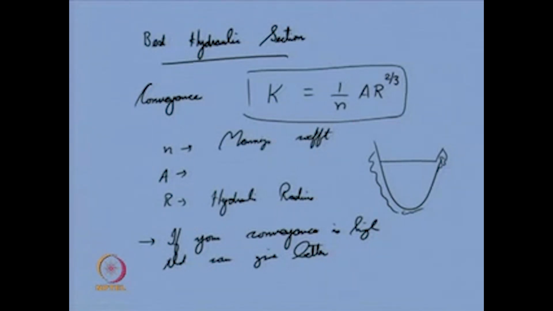So, how can you suggest those things? For your conveyance factor, K is equal to 1 by n A r to the power of 2 by 3, this is 1 by n A to the power of 5 by 3 P to the power of 2 by 3.